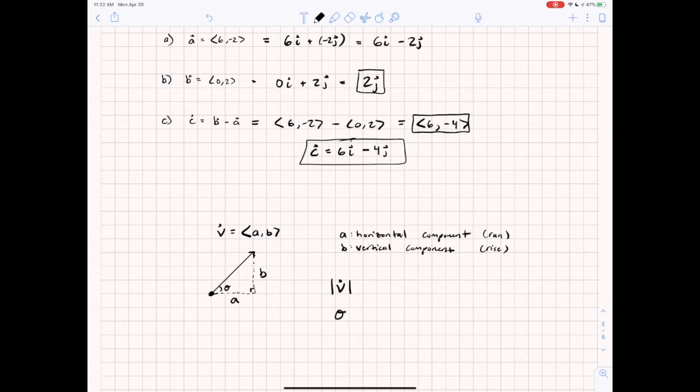If we define the direction as always being with the horizontal, then the magnitude would be Pythagorean: a squared plus b squared, square rooting that result. And then the angle can be found by doing inverse tan of b over a. All right, here's that closure in terms of how to find these vectors that we discussed, being able to find the components and being able to sketch given an initial point and terminal point.